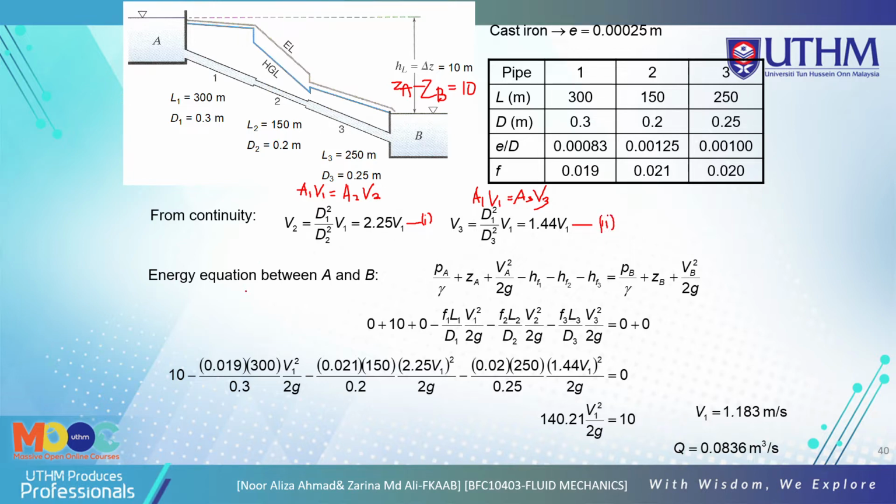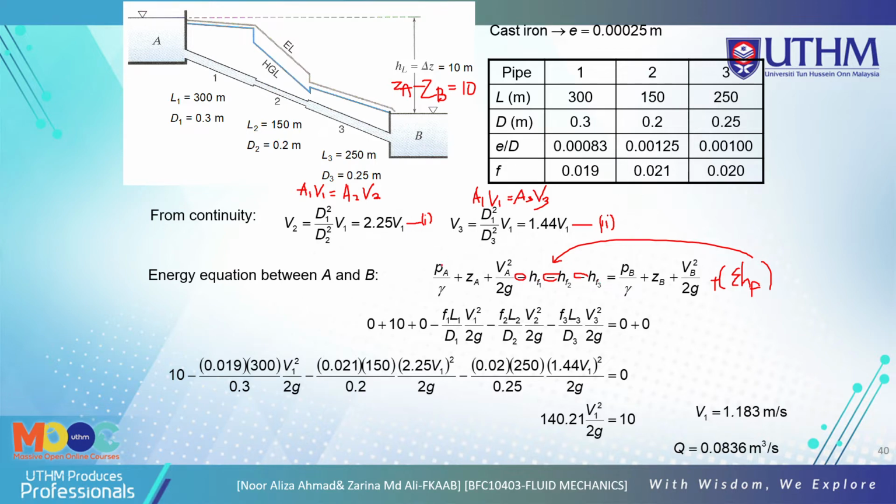Then using the energy equation between A and B, you just draw this and do the equation here. Actually, HF1, HF2, and HF3 are on the right side, and you put them to the left side, so you get the negative.